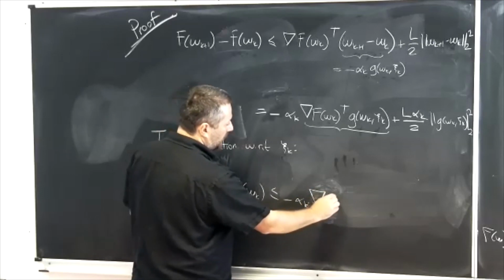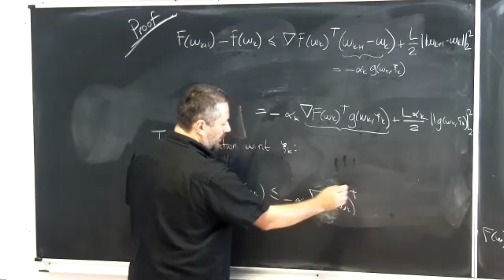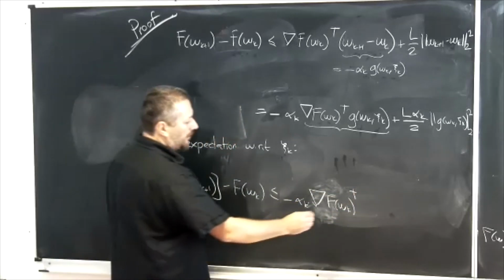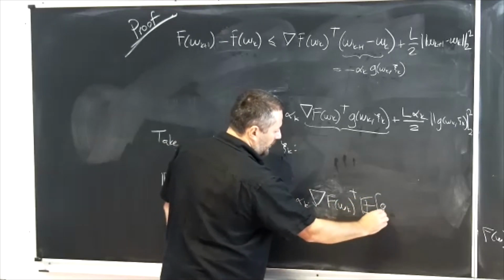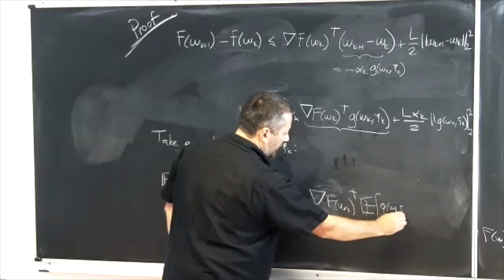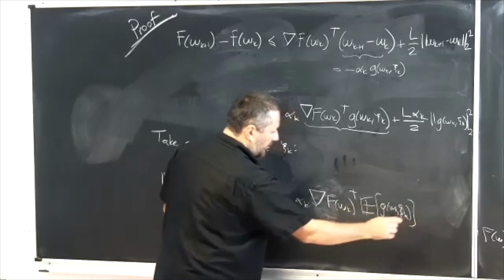inner product, the expectation of this inner product is just the inner product of this term with the expected value of g(omega k, kc), okay.